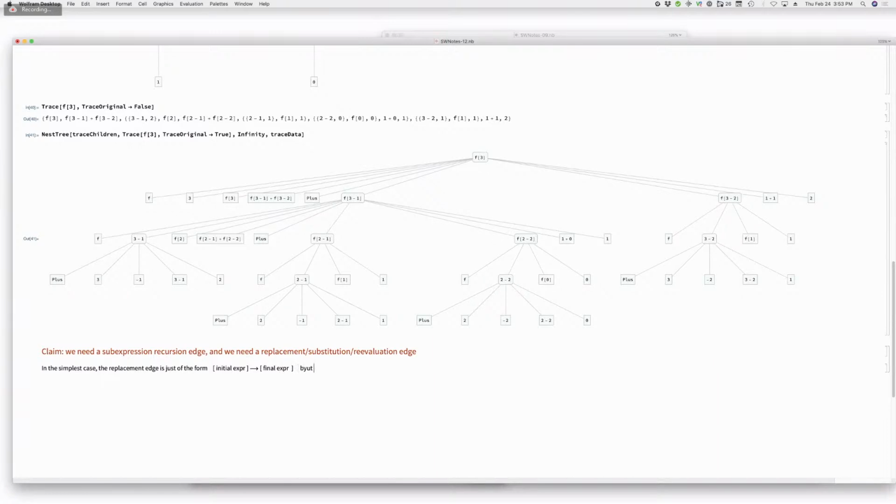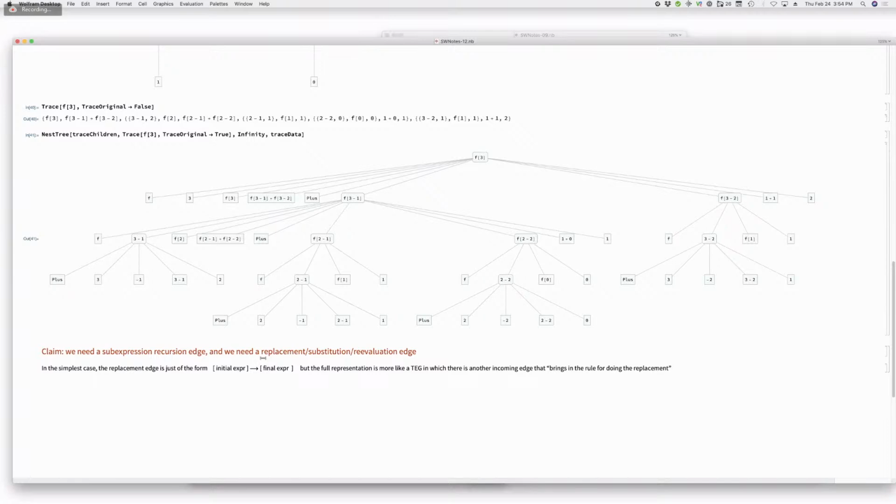But the full representation is more like a token event graph, in which there's another incoming edge that brings in the rule for doing the replacement. Does this make any sense?